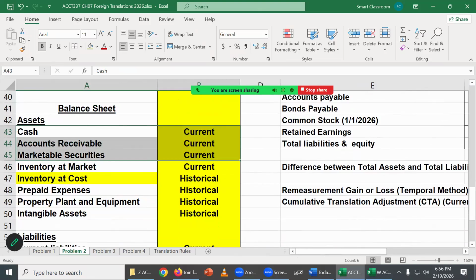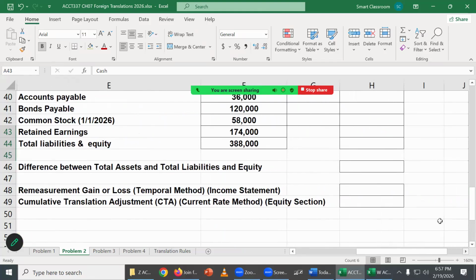Inventory that's at the net realizable value would also be at the current rate. We're going to pretend like that doesn't exist, at least for now. So cash, whatever the current rate for the cash is, that's what it's worth at the year end. Accounts receivable, those are going to be paid off in cash. Marketable securities, those are going to be paid off in cash in the short term. So these are all going to go in at the current rate, just like before.